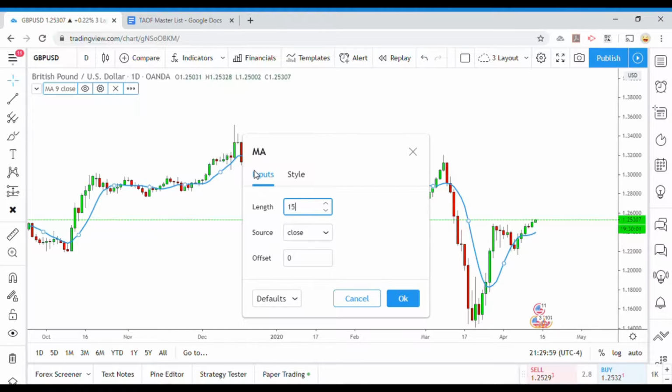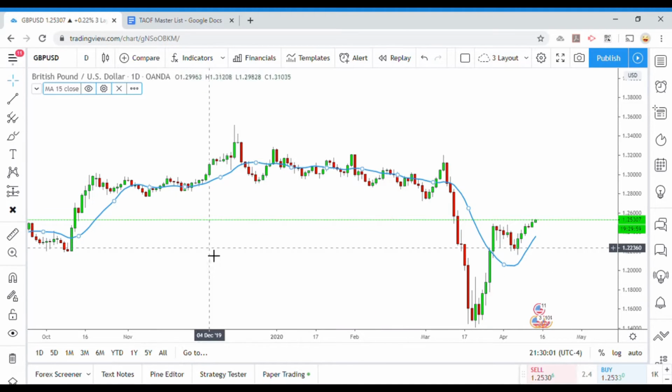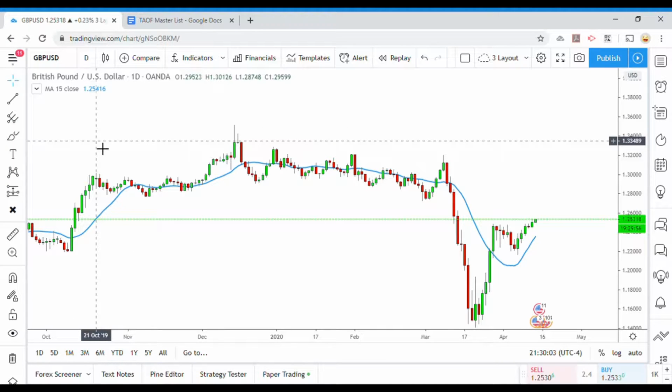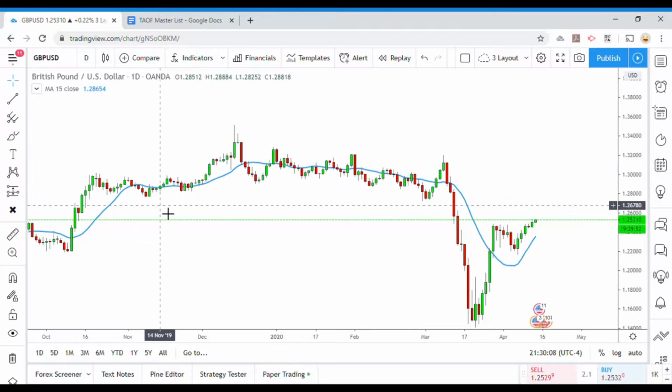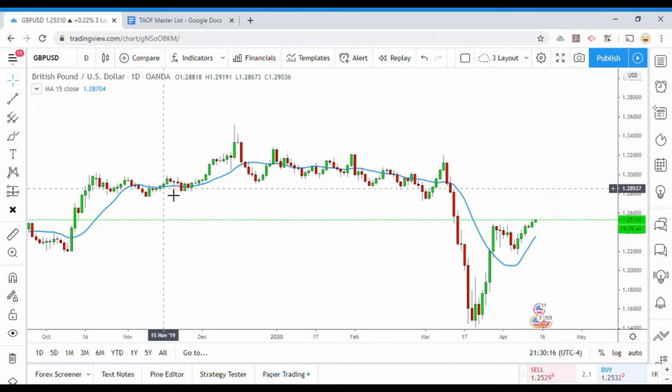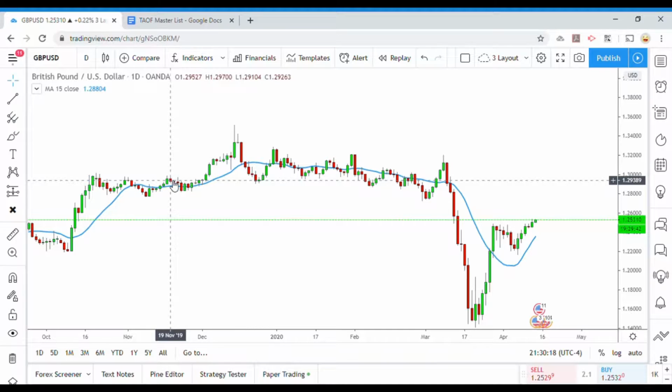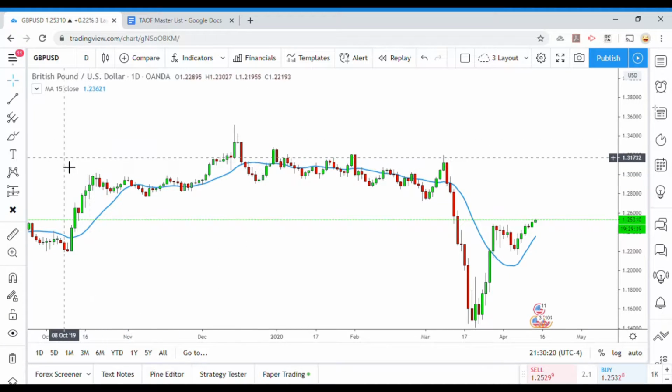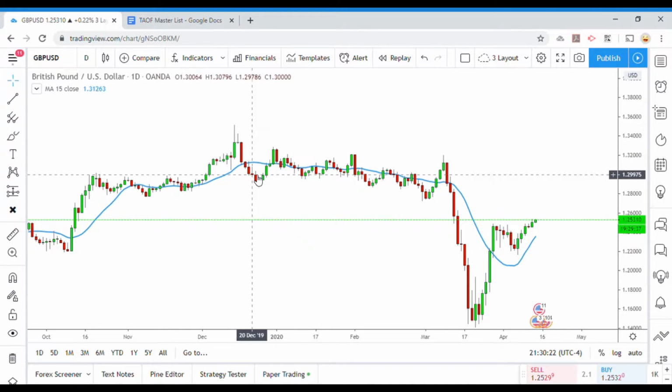First is, let me set this to 15, to make it a little bit quicker there. First is the price break of the moving average. And that is when the price breaks below, you go short. When the price breaks above, you go long.